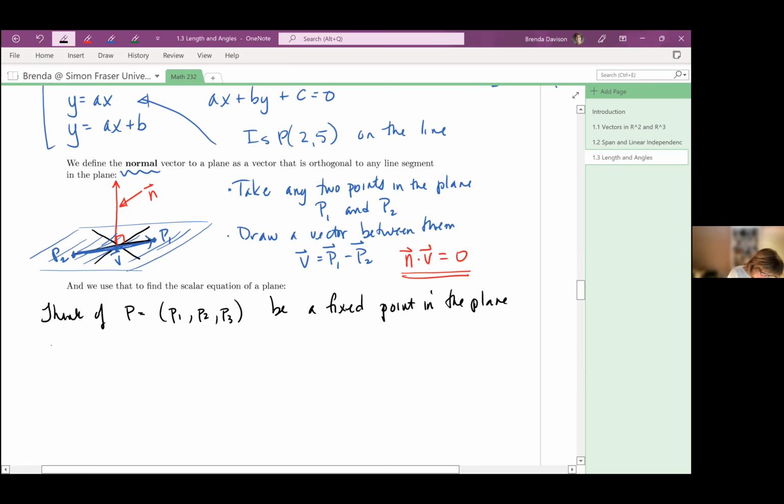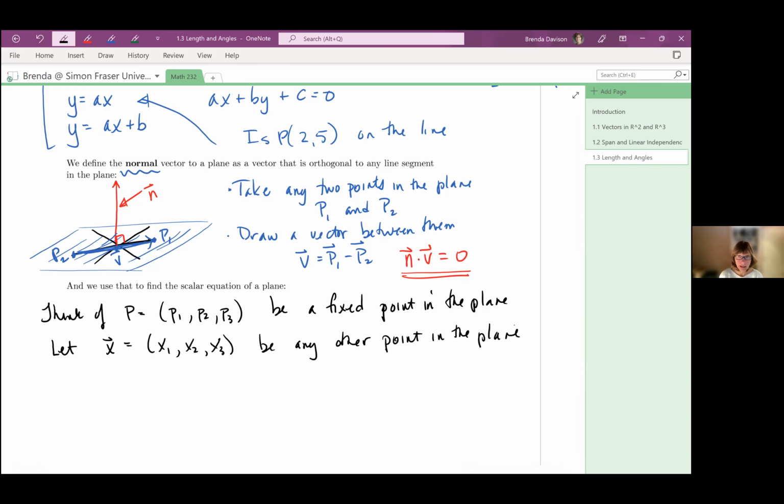Then we let X, with components X1, X2, X3, be any other point in the plane. So X can move around. We've got one point fixed, and then we take any other point in the plane and call that X. So X can change, and P is fixed.